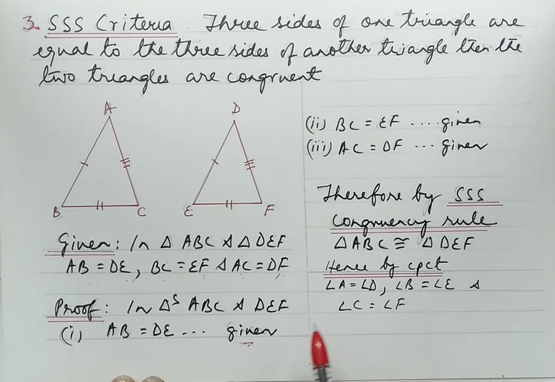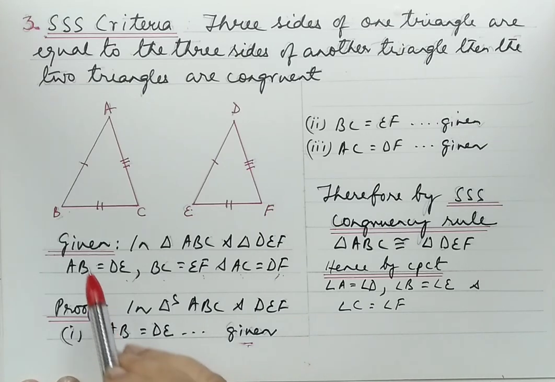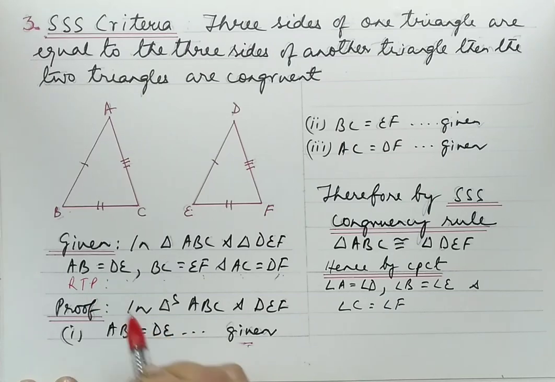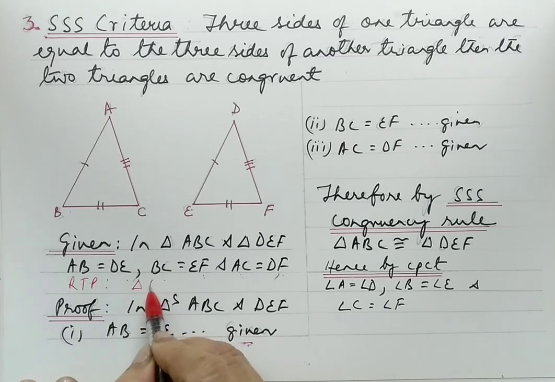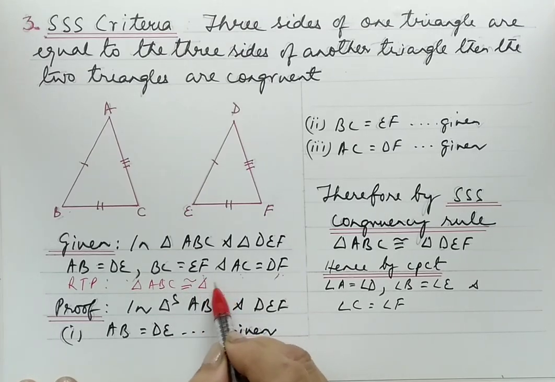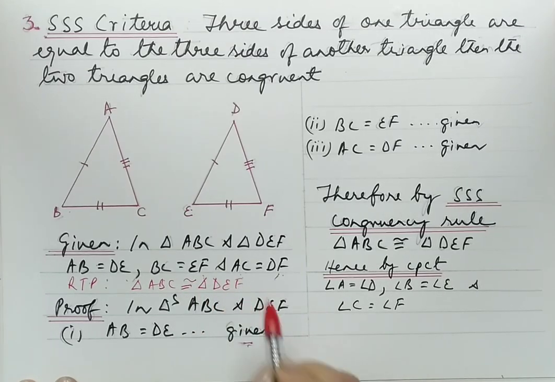Now proof. By this time, you must be knowing how to write. It's very important that you should know how to present your work, and for that, given. And what is my RTP, that is, required to prove? That also you have to write: triangle ABC is congruent to triangle DEF, guys.